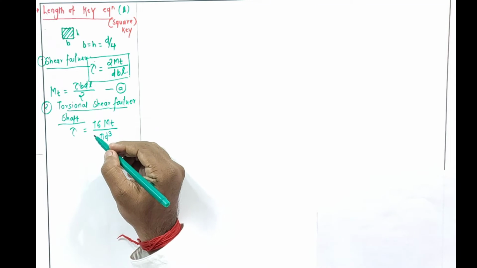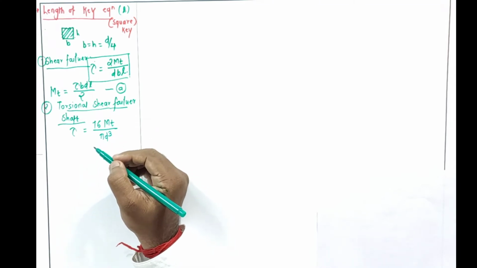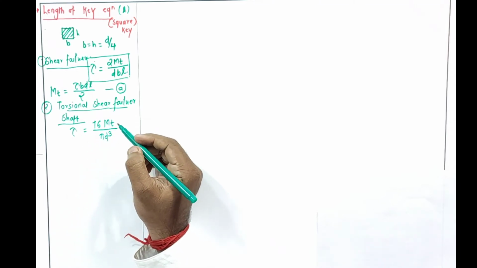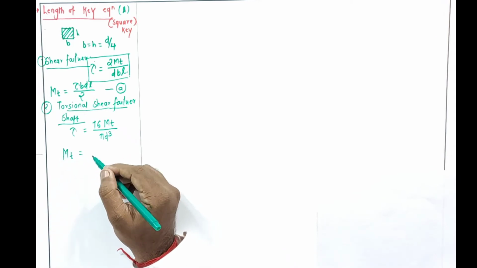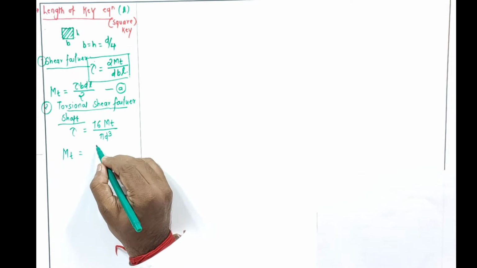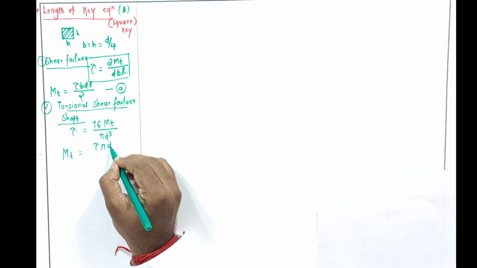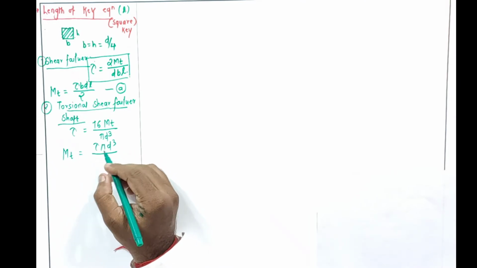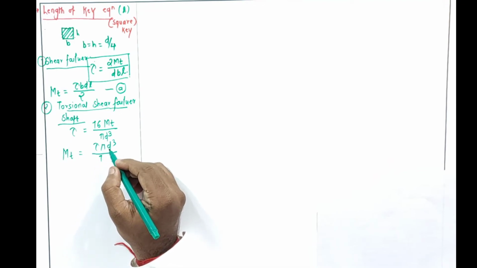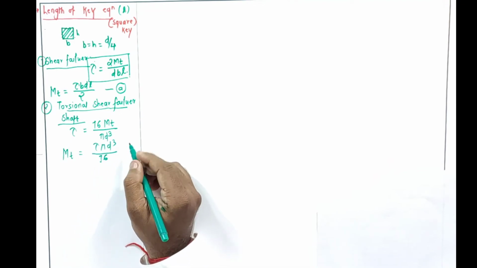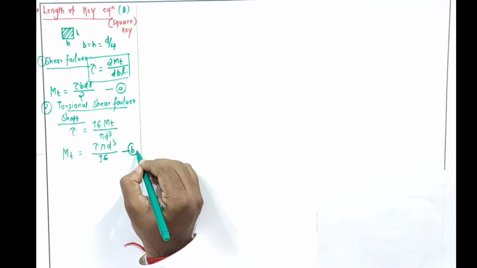How? That is Mt r by J. That equation we have derived. So if I calculate Mt, the torque developed in the shaft, that is tau pi d cube divided by 16, correct? This will be equation 2.